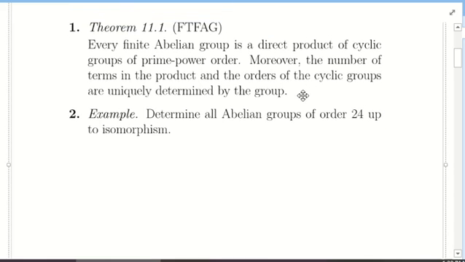If you write them in descending order by the orders of the subgroups, where we're using an internal direct product, but up to isomorphism an external direct product of cyclic groups of the form Z mod N, or Z mod P to the K, where P is a prime.